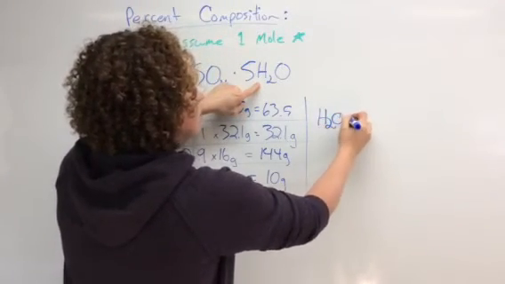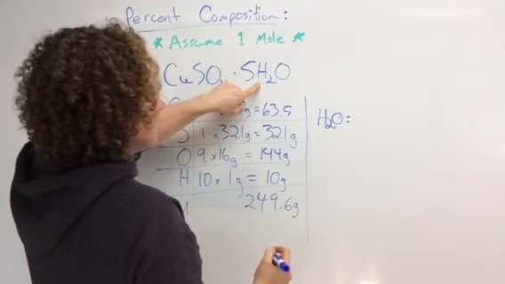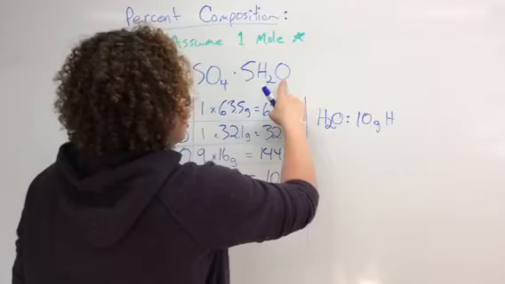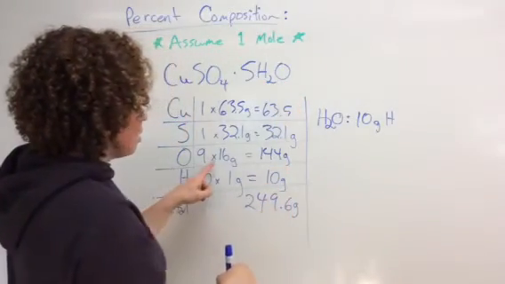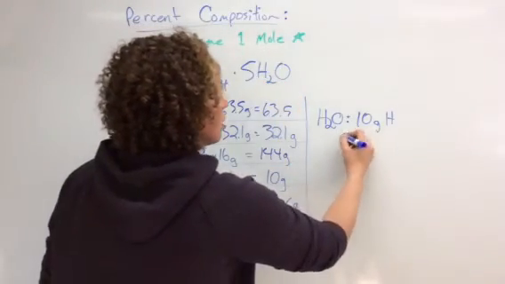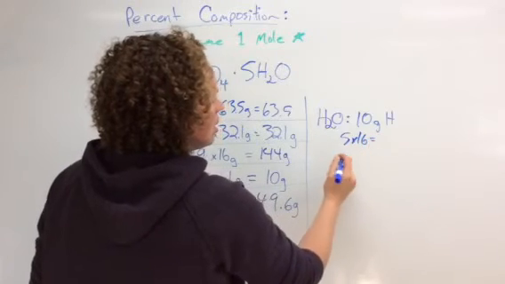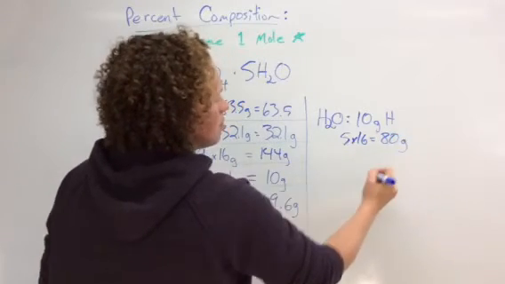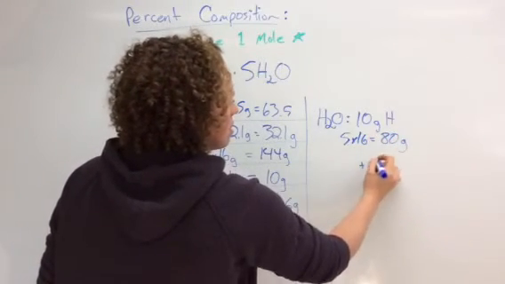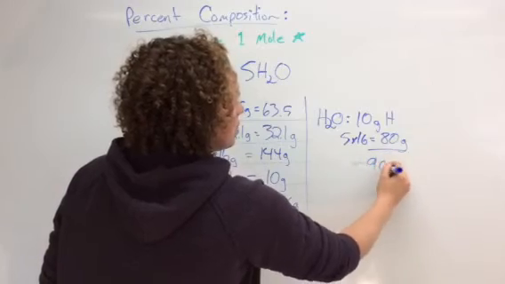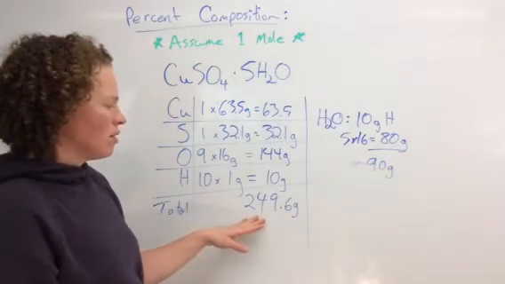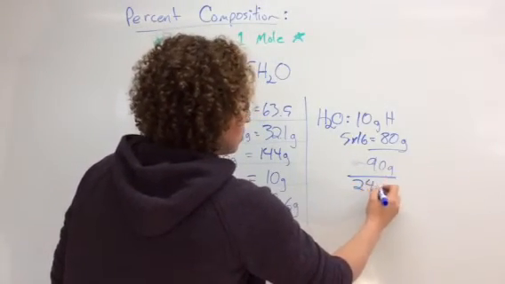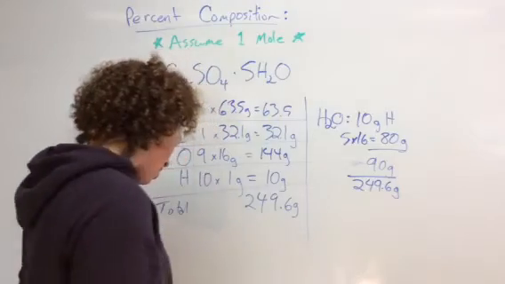For H2O, I'm going to need 10 H's, so that's 10 grams of hydrogen, and 5 oxygens. Not the 9 that was in the total, but just 5 oxygens. So 5 times 16 gives me 80 grams. I add these up, and that's 90 grams of water for every 249.6 grams of the total solution.